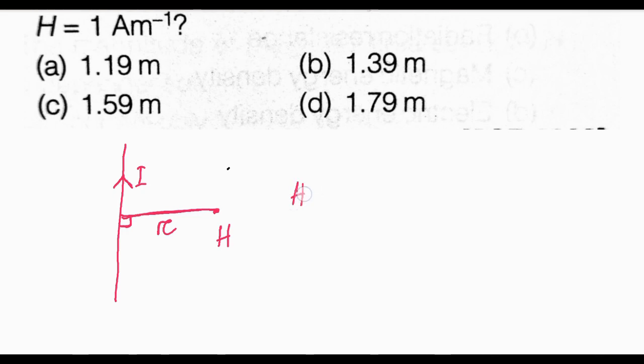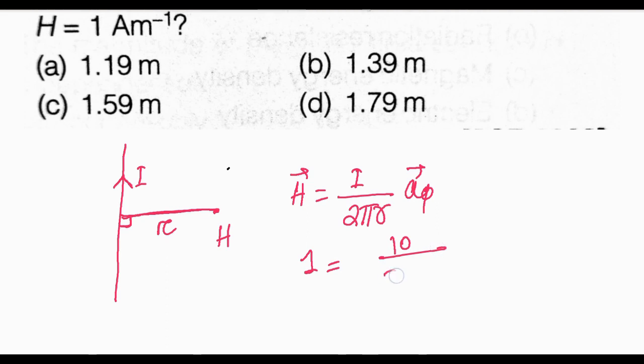H vector is equal to I by 2 pi r a phi cap. Given 1 = 10 by 2 pi r, so r will be equal to 10 by 2 pi, which is 1.59. So here the answer is C.